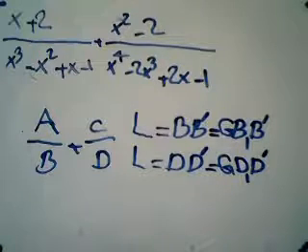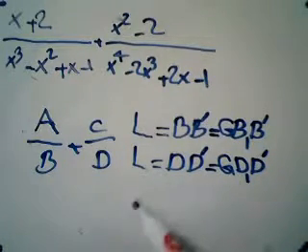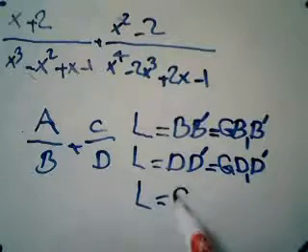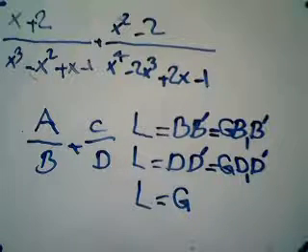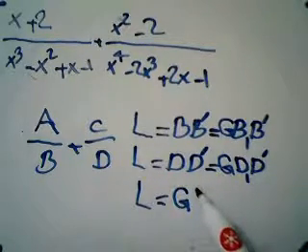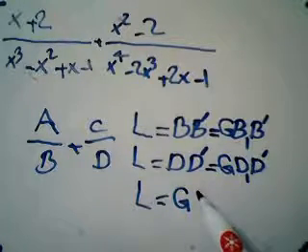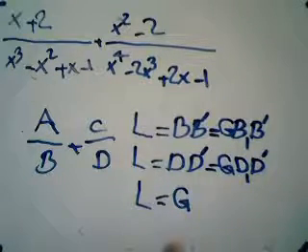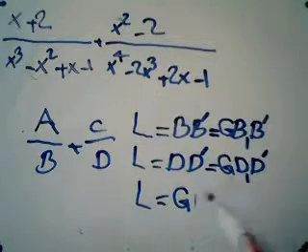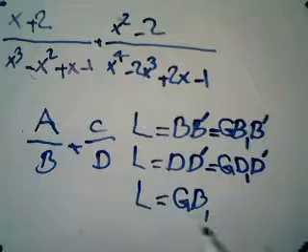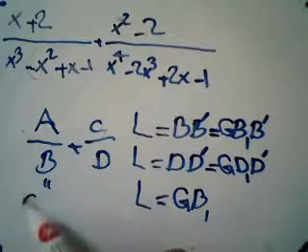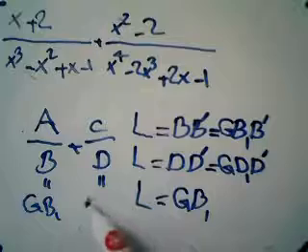Now the least common multiple should be divisible by G first, so it should be equal to the greatest common factor times B1, because B equals G B1, and D equals G D1.